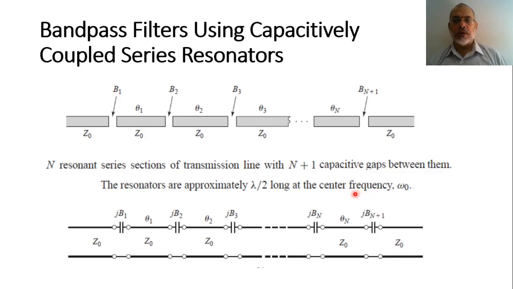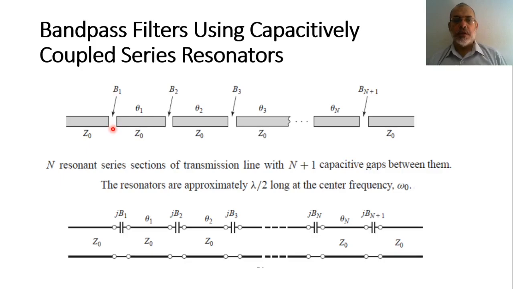Effectively, it is required in the design of capacitively coupled series resonators to determine the value of the required capacitances B1, B2, B3, and from the required capacitances we can determine the separation of the gaps between the transmission line sections.